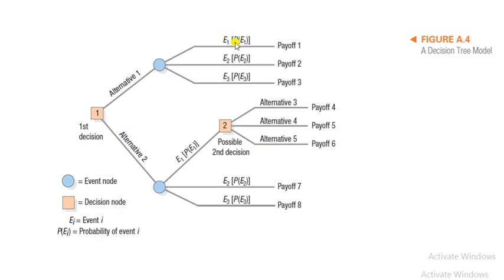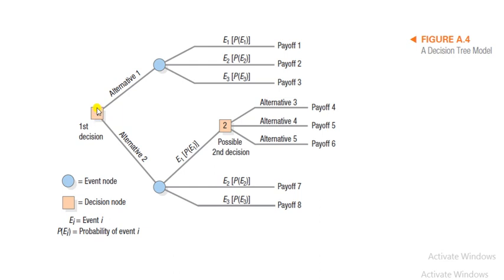So P is the probability, E is the event. Here you will mention the probability of each event, and as you know, the sum of all the probabilities should be equal to 1. So while making a decision, you will see how many events alternative 1 has and which event is giving you how much payoff. As you can see, this is payoff 1, payoff 2 and payoff 3.